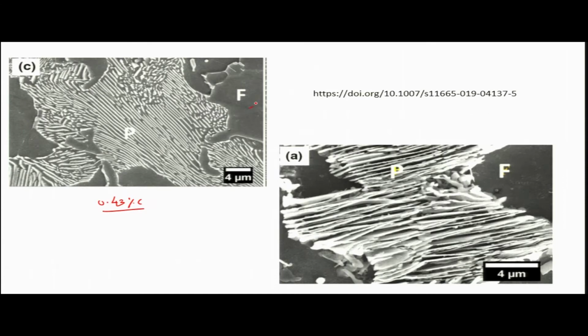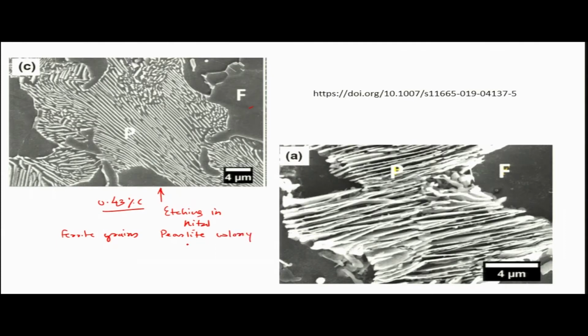This is the ferrite part, this is the pearlite, and this microstructure is obtained by etching in nital. Now, there we have two phases, one is ferrite grains, another one is pearlite colony.